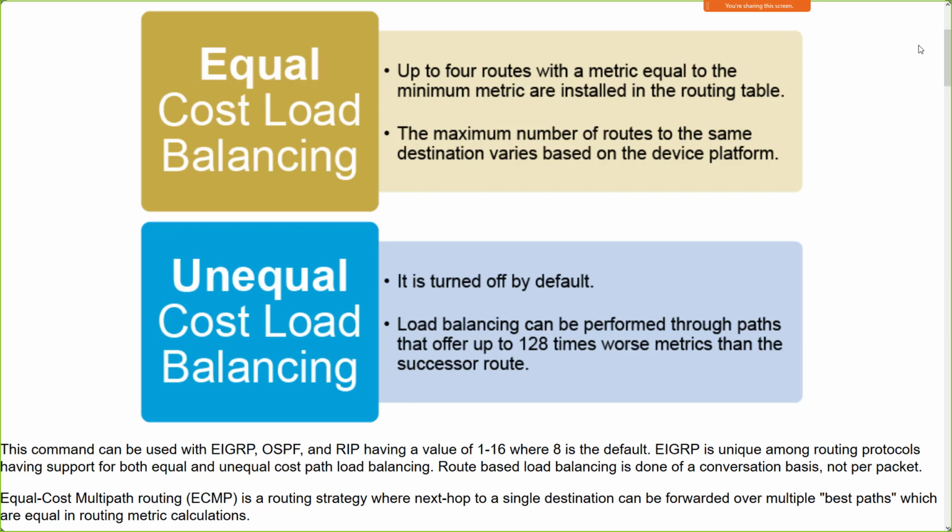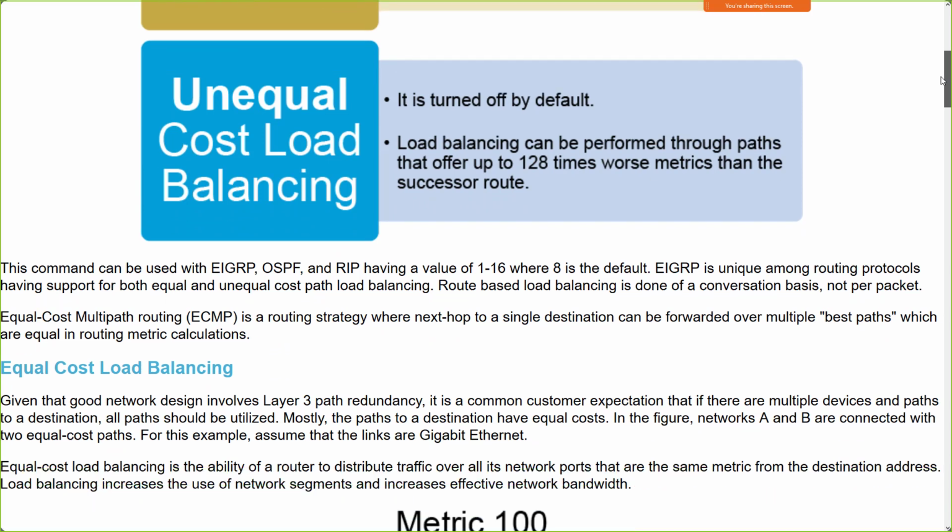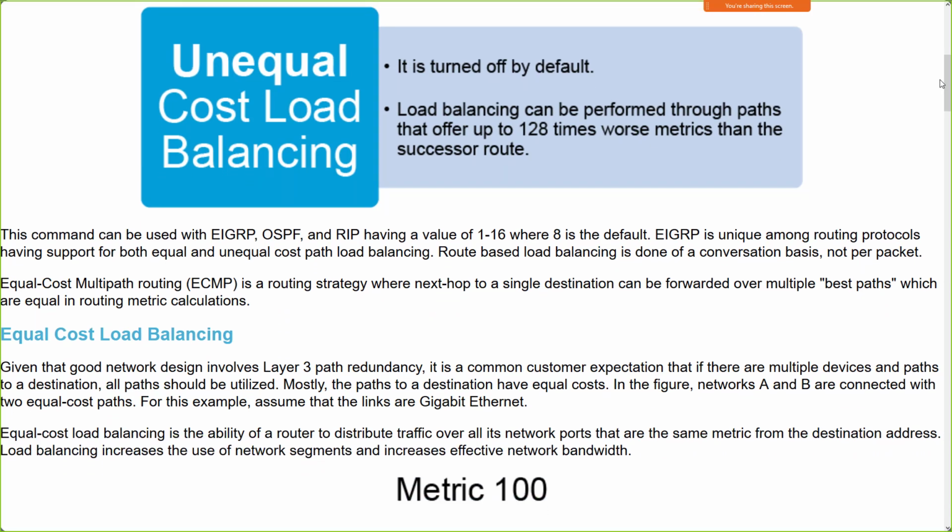When you consider how variance is calculated, it's actually a multiplier against the metric of the successor. And these metrics are very large, right? A typical metric for an EIGRP route might be like 409,856 or something like that. So if I put in a variance of 10, that would be 10 times that value.